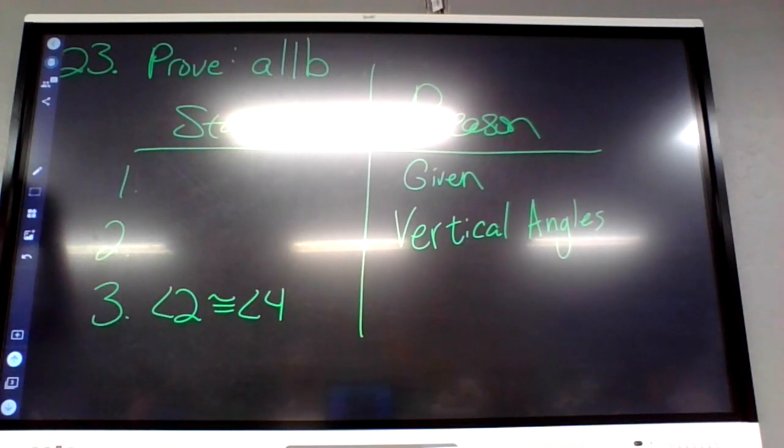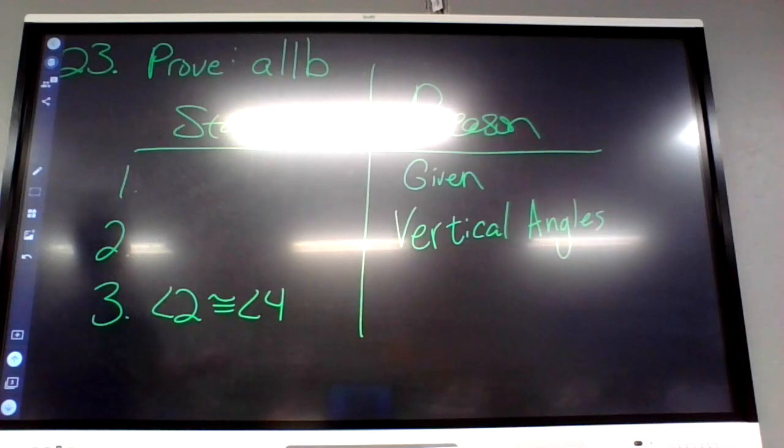Therefore 2 and 4 are the same. Okay. If 2 and 4 are the same, what kind of angles are 2 and 4? Corresponding angles.